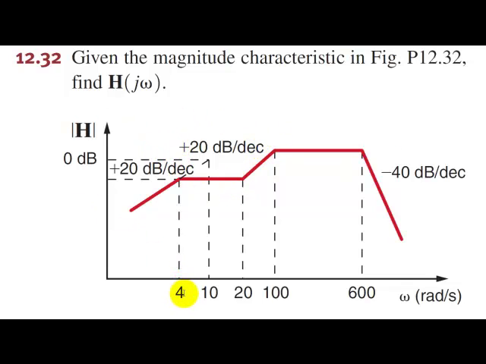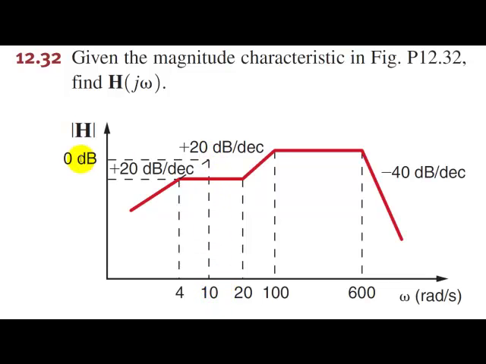So you will have 4, 20, 100, and 600 as the breakpoints. But the 10 here implies that you will have to know where the starting point of that function is, because obviously this is not starting at 0, so you will have a constant value at the beginning of the transfer function.